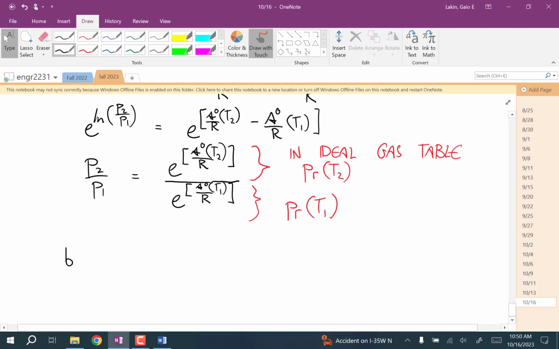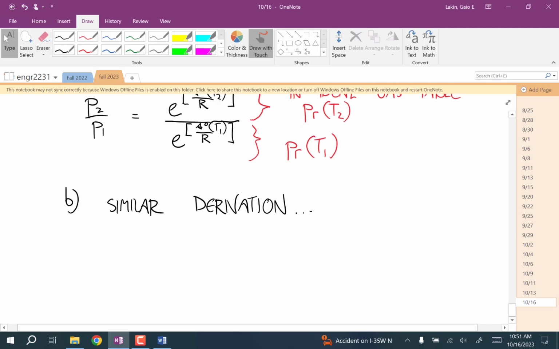I'm not going to go through the derivation, but as you can imagine, it's similar. So that's the V sub R. Yeah, exactly, that's what they call it, V sub R. So a similar derivation says the specific volume 2 over the specific volume 1 is equal to VR at temperature 2 divided by VR at temperature 1.